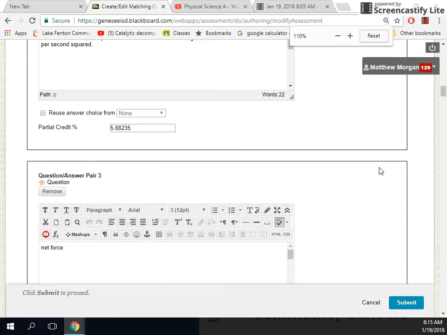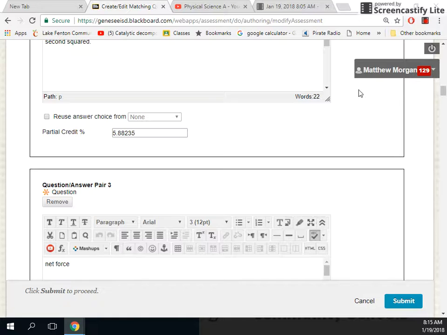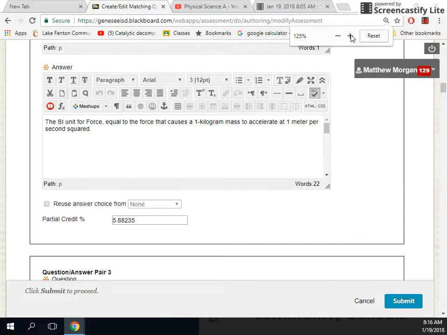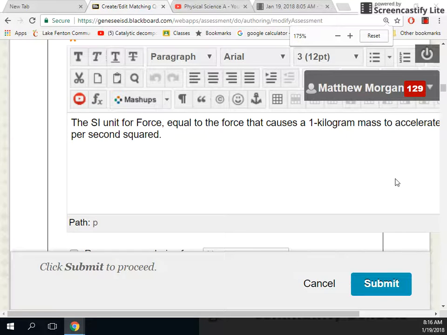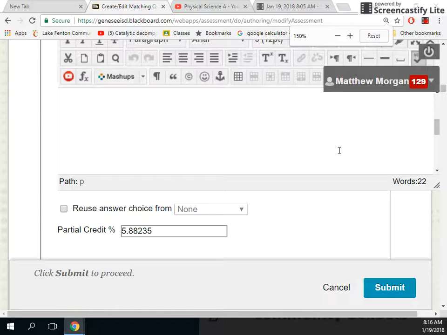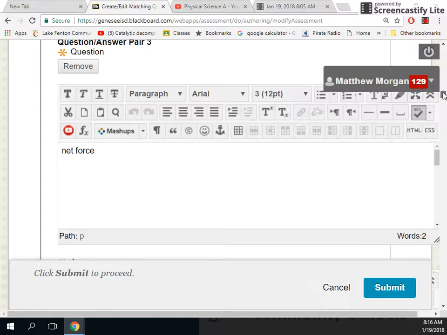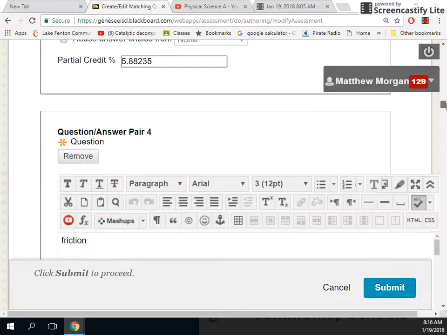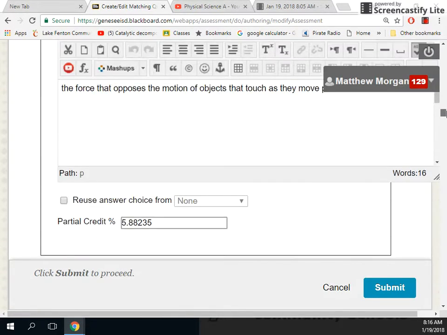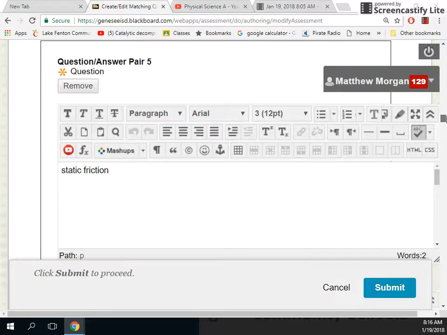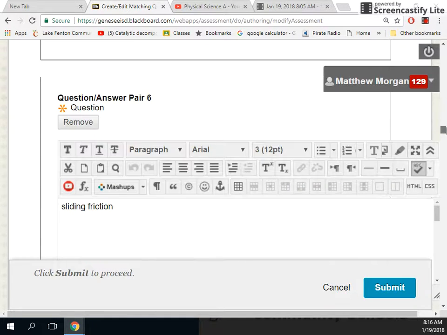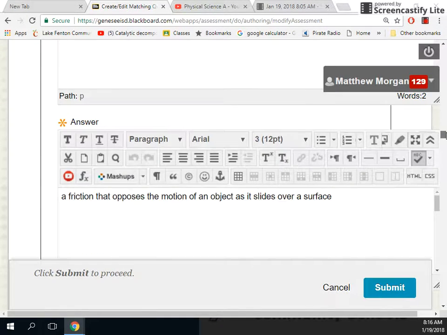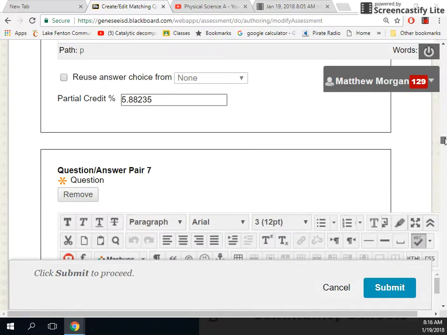So if everybody can kind of look up here, these are the definitions that are going to be on the test. Net force, that should be on there. Friction, that should be on there. Static friction, that should be on there. We're looking for stuff that we didn't cover or only partially covered.